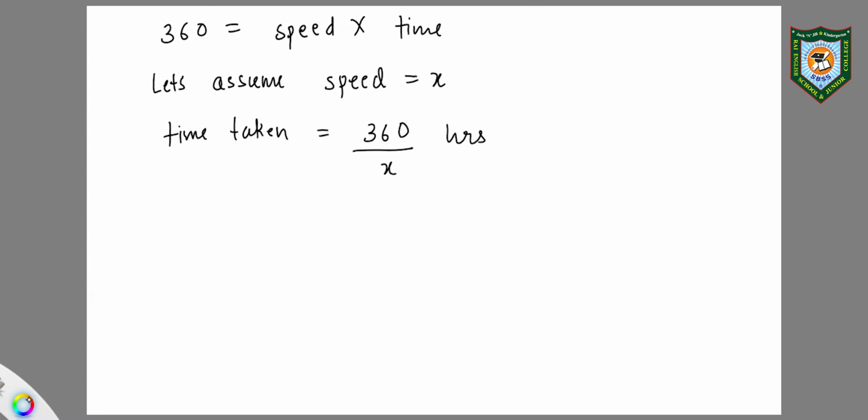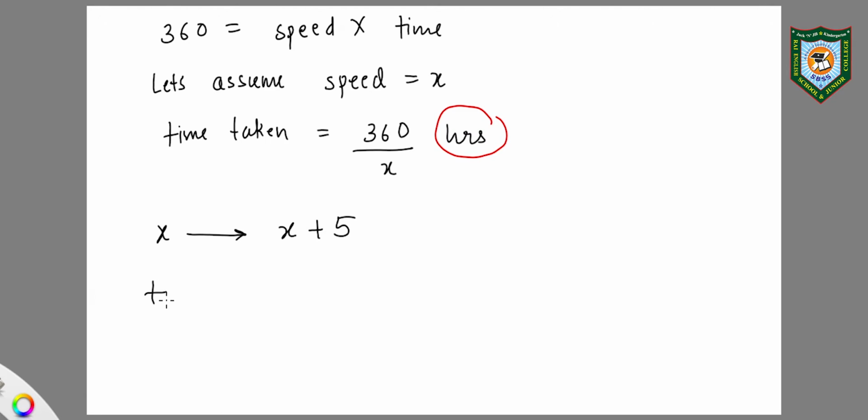Now this hours is very important because our distance is in kilometers and the SI unit of speed is kilometers per hour. Now the next statement says that if the speed is increased by 5, that means from x my speed has gone up to x plus 5. This means that the time taken will now be reduced.